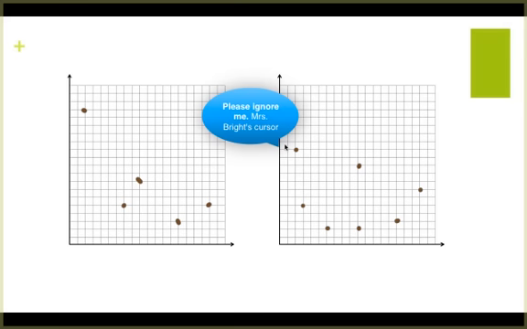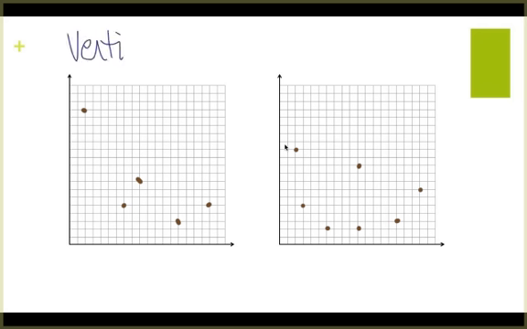I always got confused or couldn't remember, is it the x's that can't have two y's or the y's that can't have two x's? So the vertical line test really helped me. What the vertical line test does is if it passes the vertical line test, it's a function.